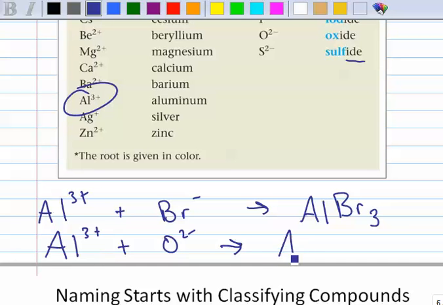So we're going to have to bring 2 aluminums together with 3 oxygens. So a total of 6 plus charge in those 2 aluminum ions and a total of 6 minus charge in those 3 oxide ions. So whenever we form ionic compounds, this is always going to be our rule, that the resulting ionic compound will have a net neutral charge.